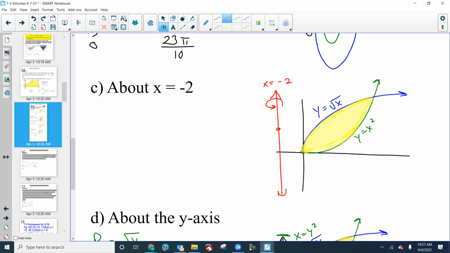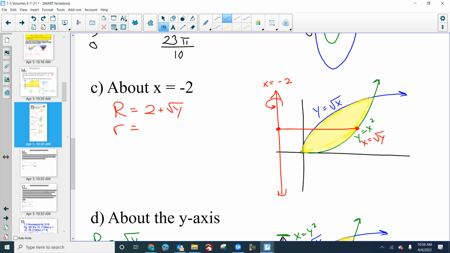Do we all agree? This is the outer radius. What is the outer radius? Agree? 2 plus the square root of y. 2 plus the square root of y.